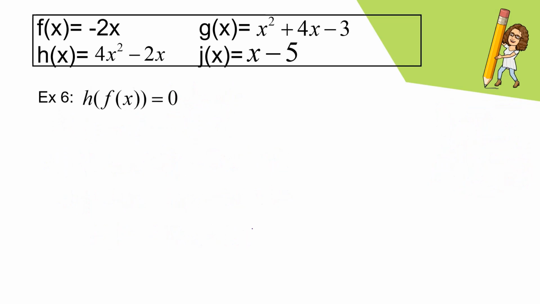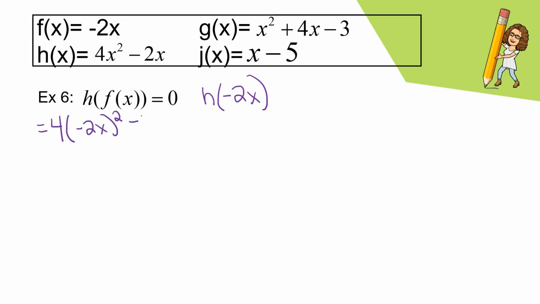Let's try the last one. Notice there's something different about this function. You're right, it's equal to 0, okay? So there's a little bit of a step we're going to have to take after this. Let's first just find that composition, just like we've been doing. So we need to plug in negative 2x into h. So I'm going to write that out.